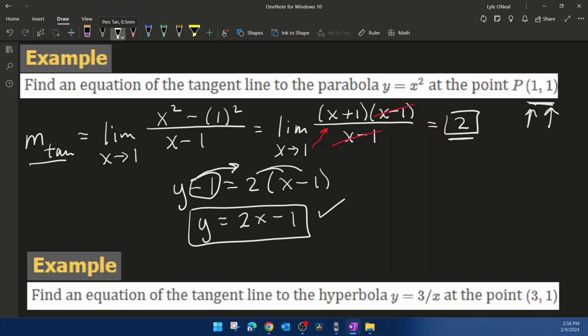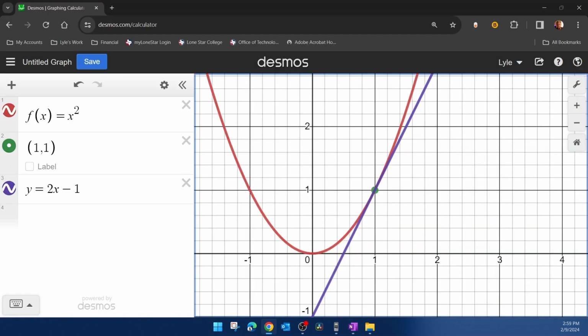That is the equation of the tangent line to the parabola at the point 1, 1. And then what would be awesome is if we went to Desmos and verified that. And with just a few button clicks here in Desmos, we have our answer validated. See, the red graph is the function y equals x squared.